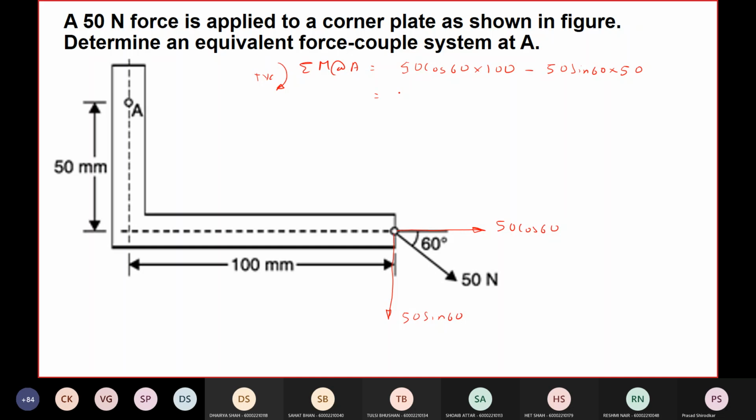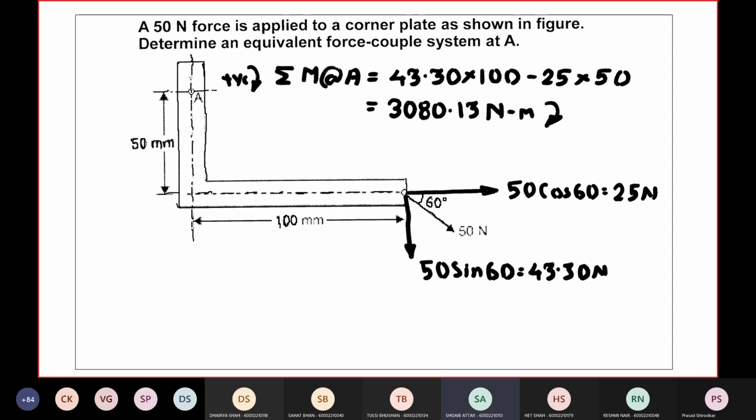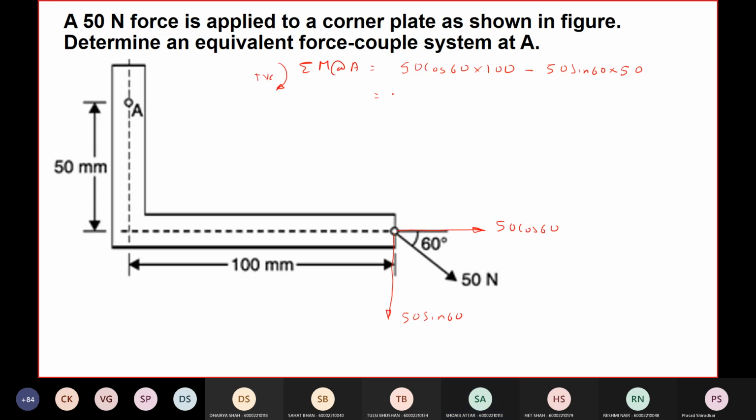Yes, what's the answer? Value? Sir, 334.93.